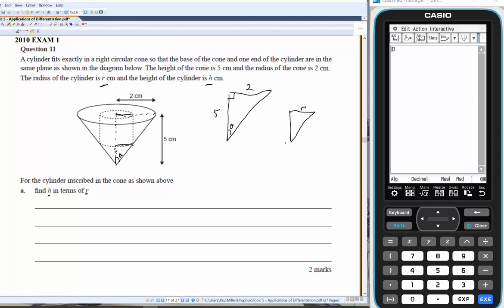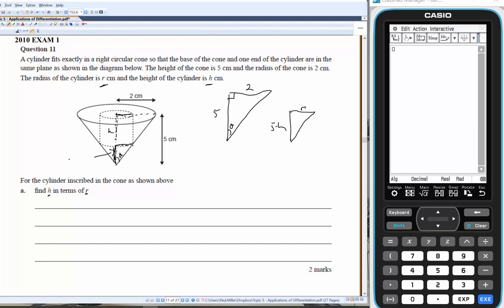Now what we need to do is grab the height, that's this part here. Let's just say that this here is the height of the cylinder, this distance here. Then this part here is actually going to be 5 take away h.